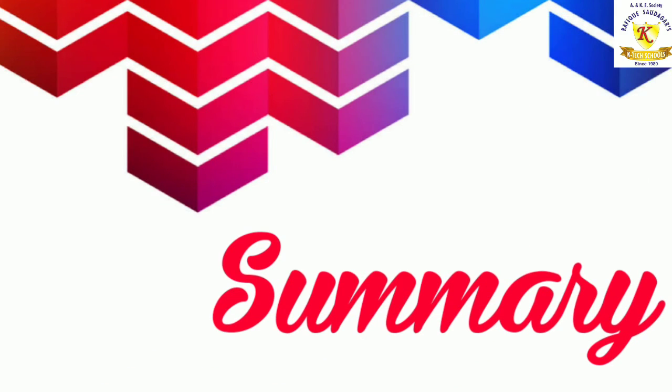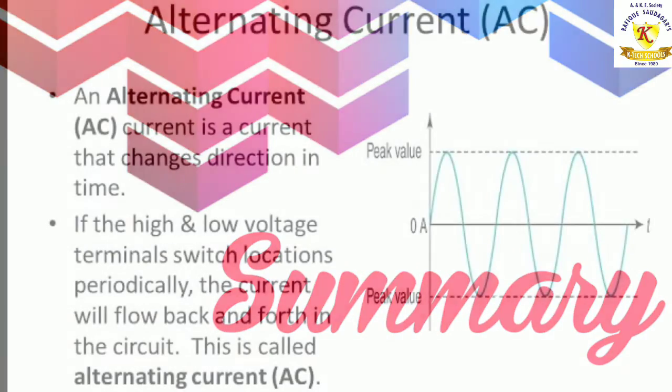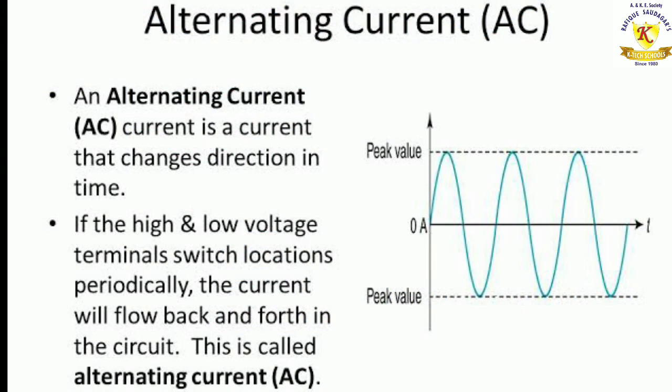So, let's check the summary. Alternating current, AC. Alternating current is a current that changes direction in time. If the high and low voltage terminals switch locations periodically, the current will flow back and forth in the circuit. This is called alternating current or AC.